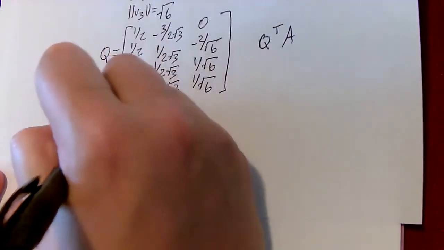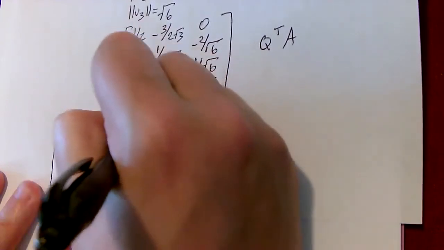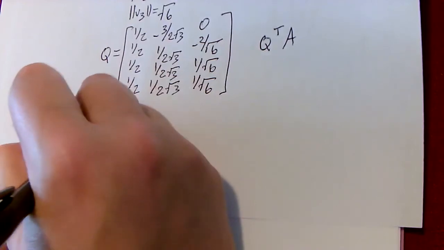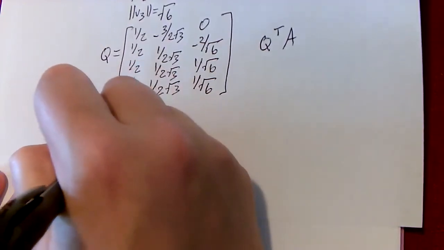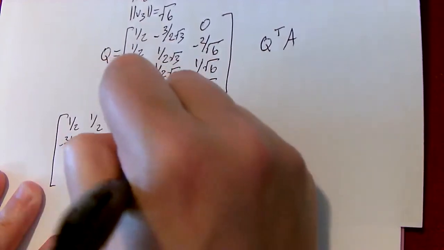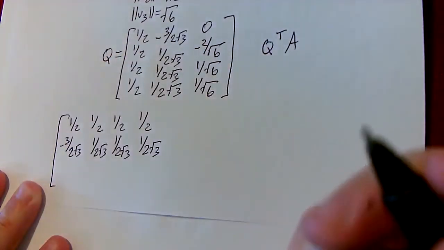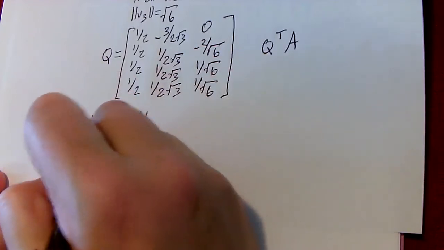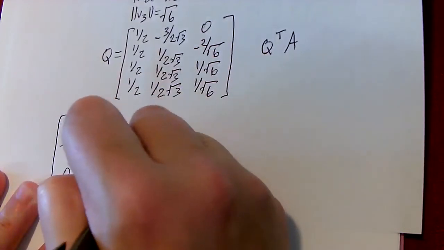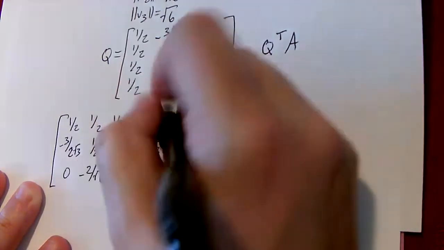So I get a 1/2 going across the top row, then -3 over 2 square roots of 3, 1 over 2 square roots of 3, 1 over 2 square roots of 3, 1 over 2 square roots of 3. The bottom row then is 0, -2 over the square root of 6, 1 over the square root of 6, 1 over the square root of 6.